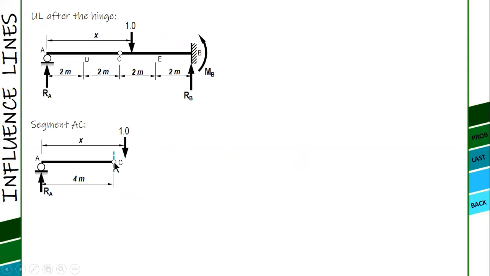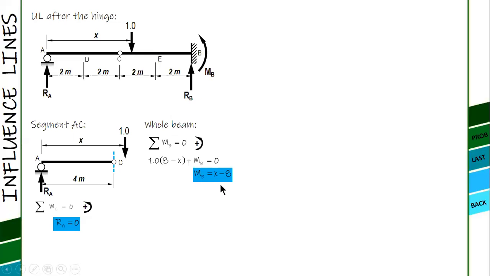So, sum up moment at C, RA is 0. And then, whole beam, ha? Sa pag-moment sa B, makuha ni mo, that's MB. And then, summation of force sa Y, makuha ni mong RB. 1.